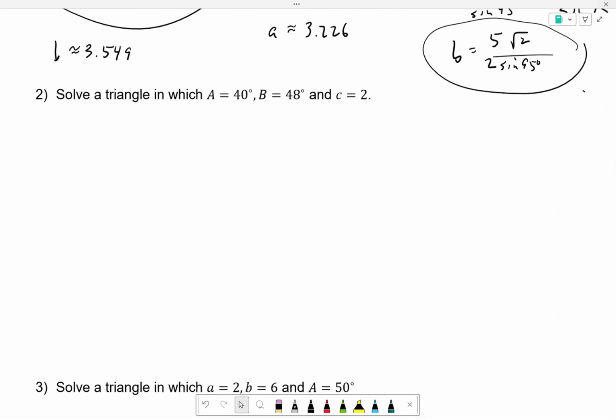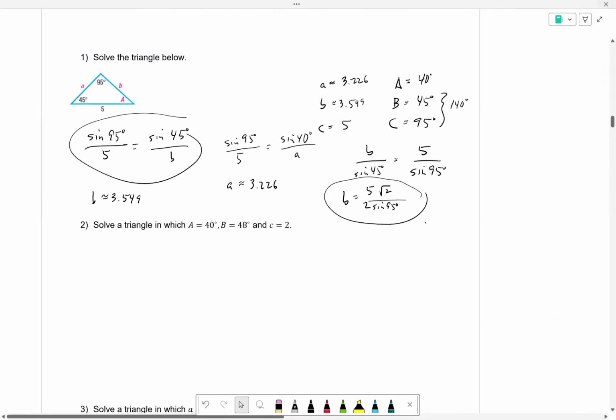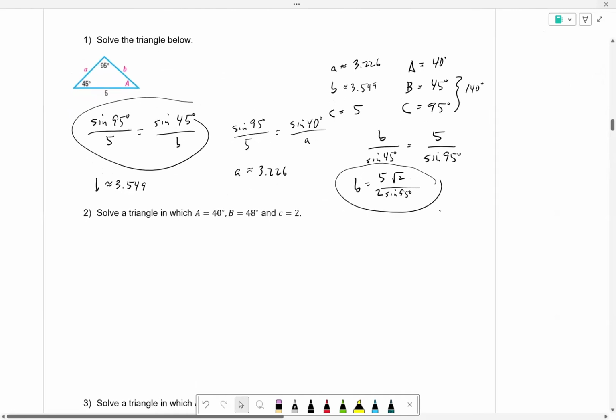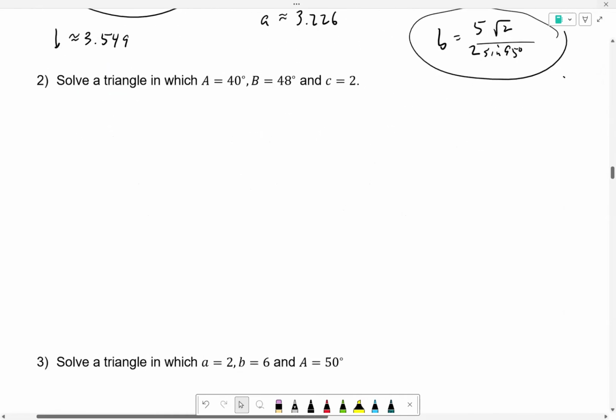Let's see what we can do for number 2. Yeah, it's one of those things that they use. Alright, actually, 94. Oh, no, 97.